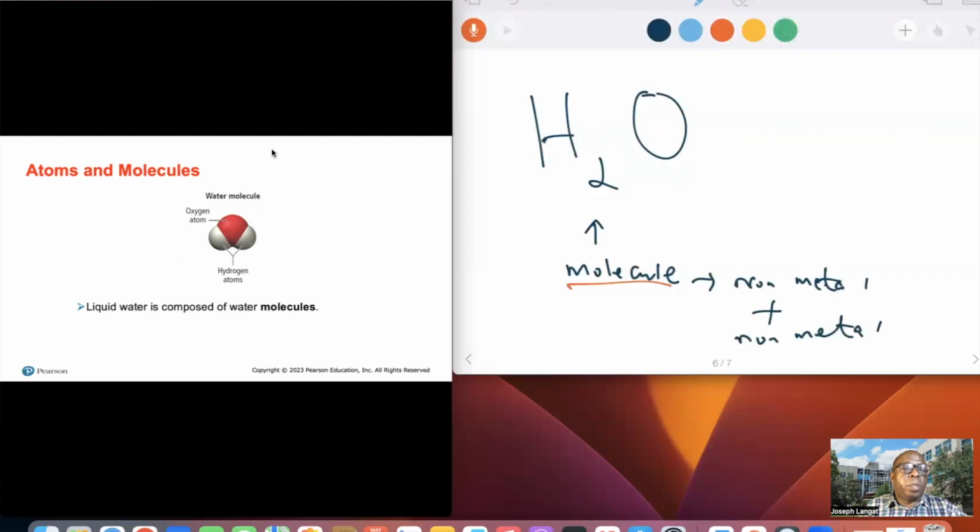Here, we use different color coding for portraying molecules. Remember, in molecular modeling, if you had to build molecules, you use red for oxygen, white for hydrogen, and this represents the water molecule consisting of two hydrogen atoms and one oxygen atom.